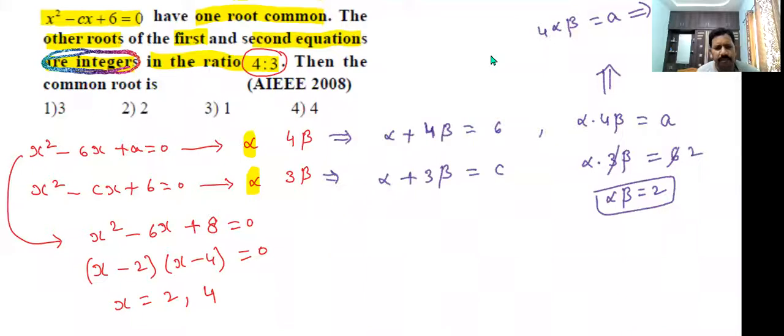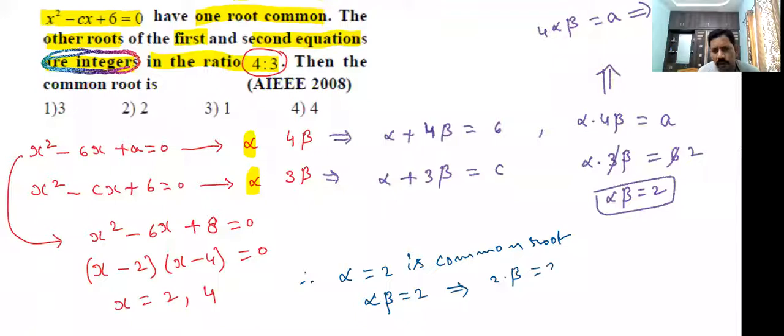Then how to take? Alpha beta is equal to 2. For suppose, see here, alpha is equal to 2 is a common root. Then what about beta? Alpha beta is equal to 2, so 2 into beta is equal to 2.